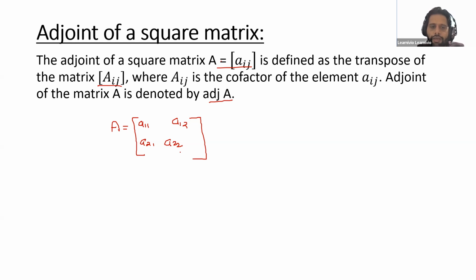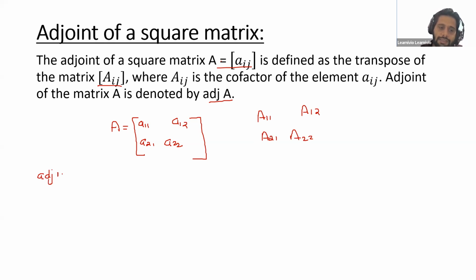Now, if you have this matrix A, then you can find its cofactors. I hope everyone knows how we can find the cofactors. Here we will find A11, here we will find A12, here we will find A21 and then A22. So these are the cofactors of this matrix. Okay, now what is the adjoint of A?